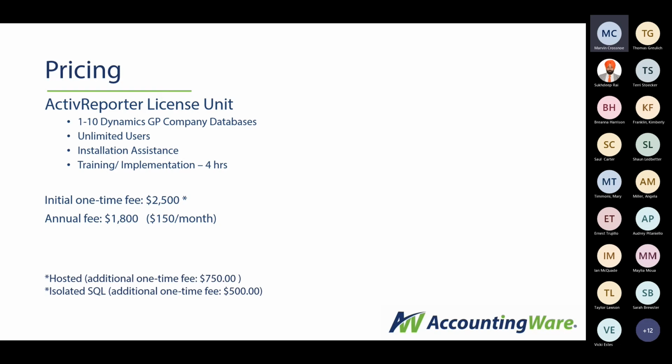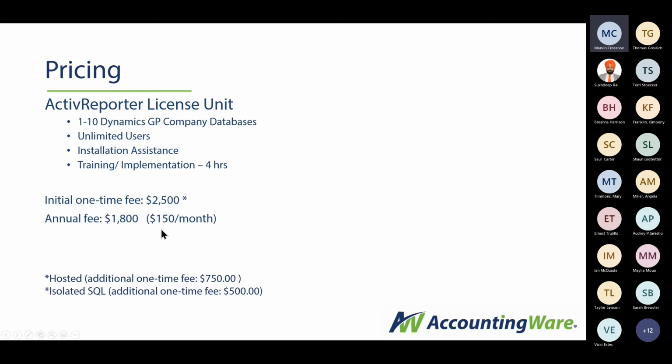We'll also give you 4 hours of training, and the total fee is a one-time fee of $2,500 plus an annual fee of $1,800. The first year, $4,300, and the second and subsequent years, $1,800.